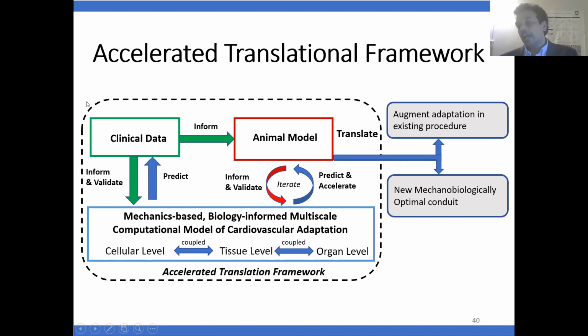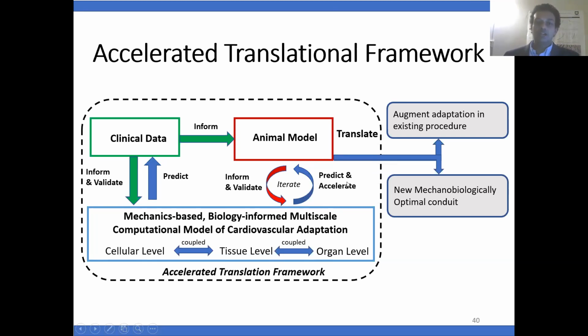In addition, we have data coming from the clinic or from animal models, where using very systematic mathematical approaches, we can assimilate all this data into the model. And subsequently, you can always iterate, especially with an animal model. You can inform and validate this multi-scale model, and you can also predict and accelerate translation of technologies to the clinic.